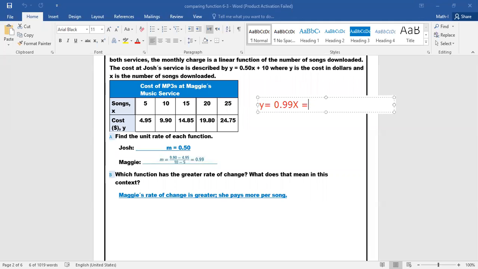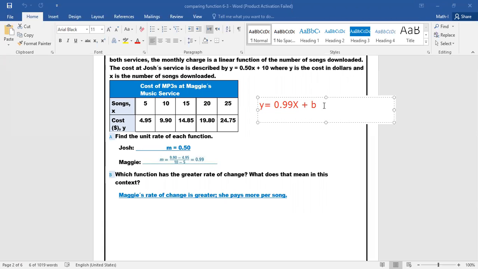Not 0.50, that is for Josh. Now we are looking for the equation for Maggie. So y equals 0.99x plus b. What is b denoted for? For the y-intercept.